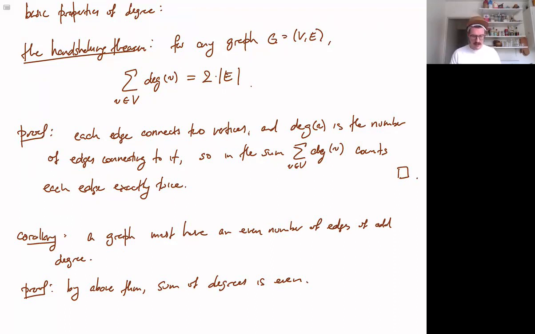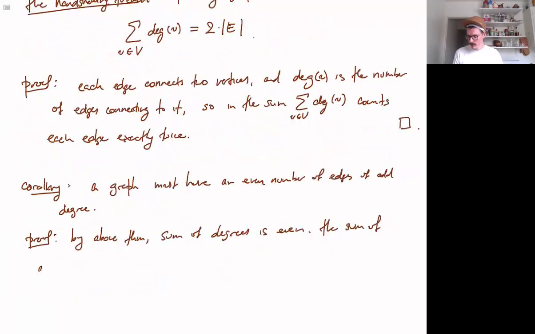One way of saying it is that the sum of an odd number of odd numbers is odd.